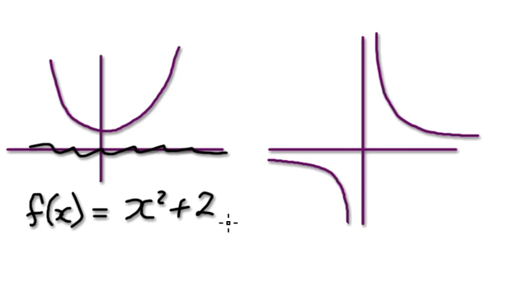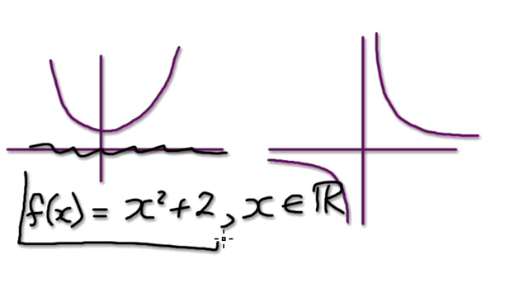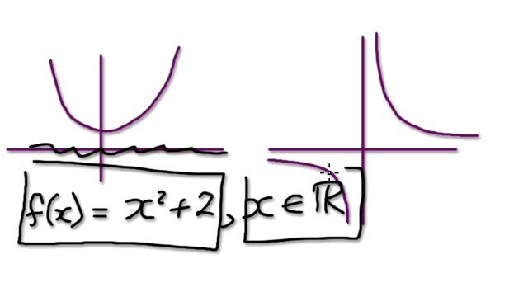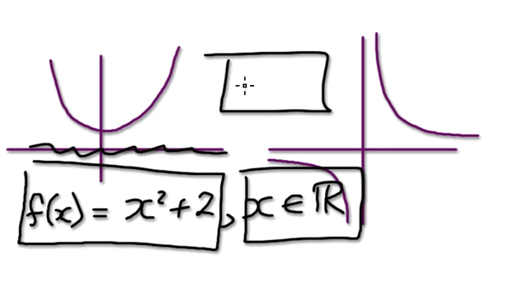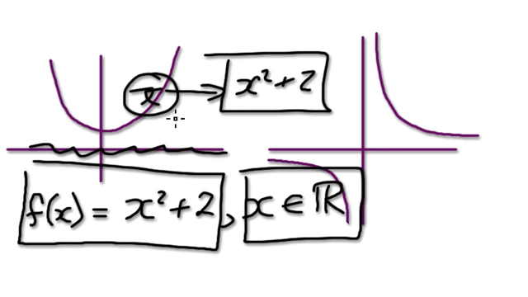So you can say x belonging to the real number line. So when you say f of x equals this, you can also include this to tell people that what goes into the machine, x squared plus 2, is x, but this x can be anything on the real number line. It can be any number on the real number line.